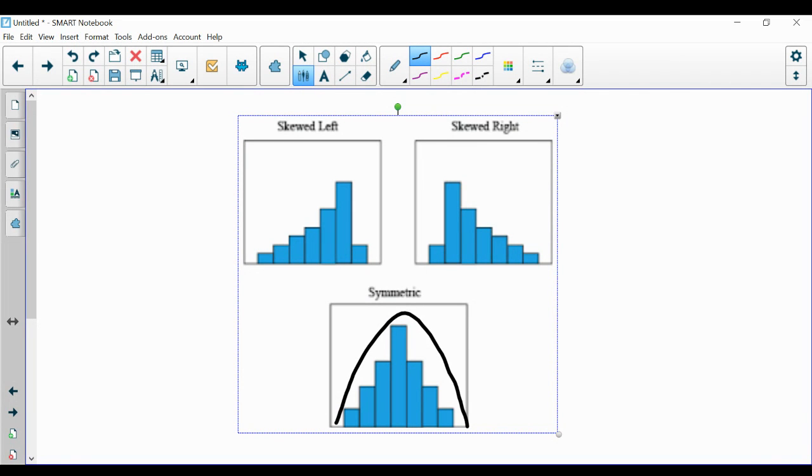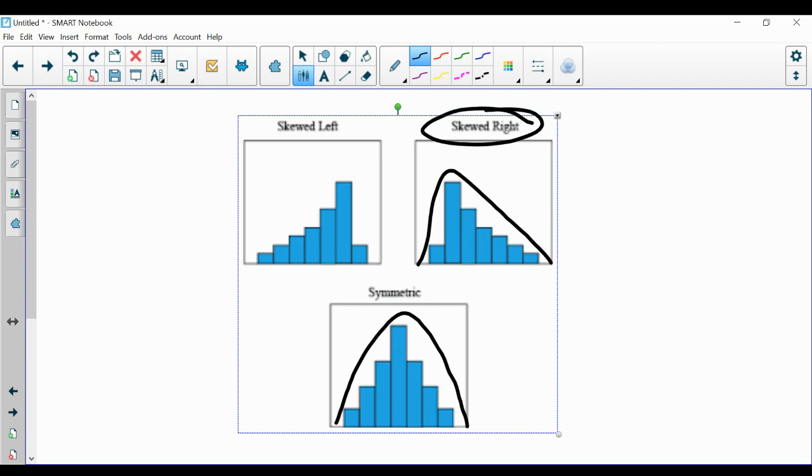As we can see, the top of that dome is pretty much in the center, so that one's going to be symmetrical. If you draw a dome over this one, here's my top, and I'm coming down. Again, my height, my tippy top, isn't in the middle anymore. It's scooted over to the left-hand side, leaving a tail on the right, so that's why it's called skewed right.